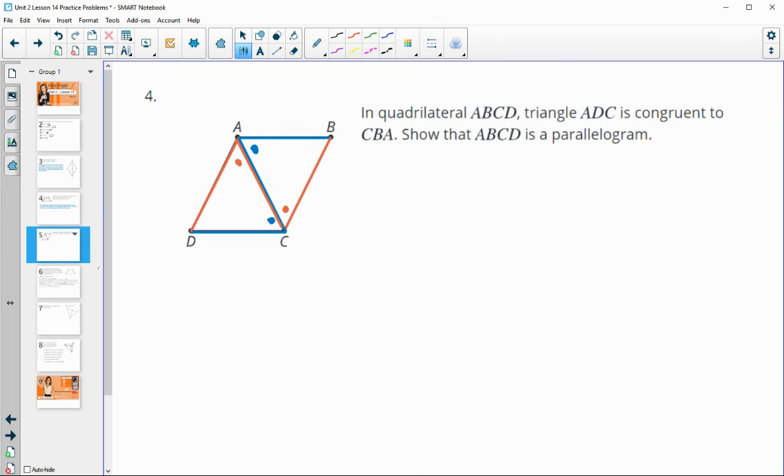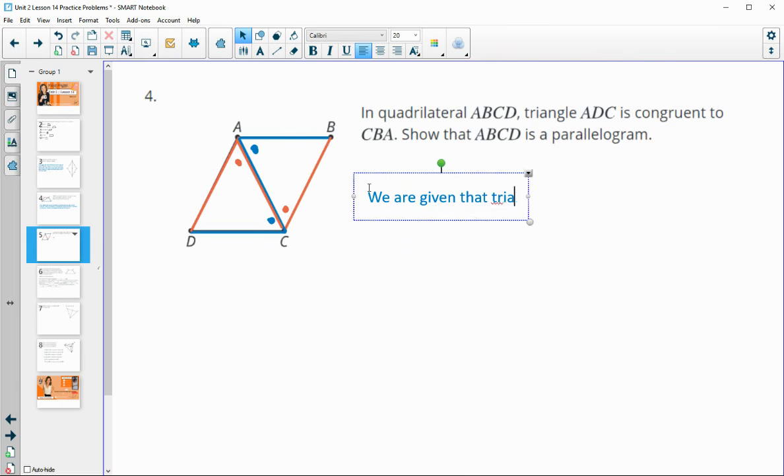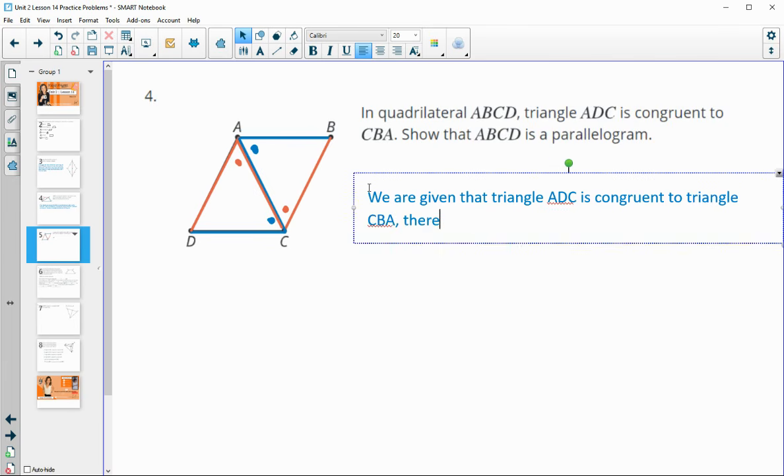Then we would have those two sides parallel. And the way that we know that those sets of angles are congruent is from them telling us that the triangles are congruent. So we are given that triangle ABC is congruent to triangle CBA.